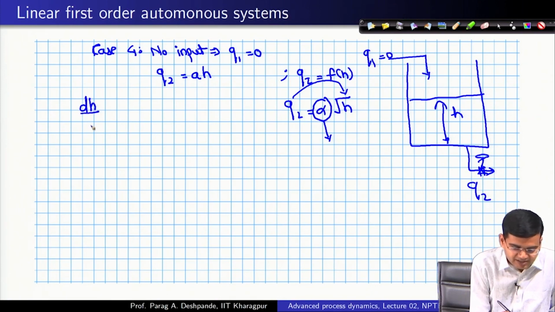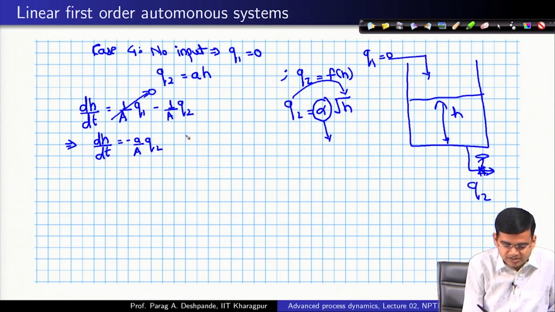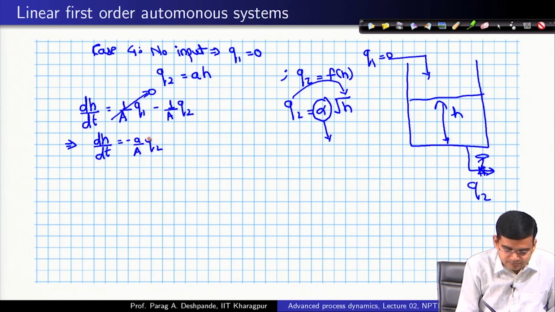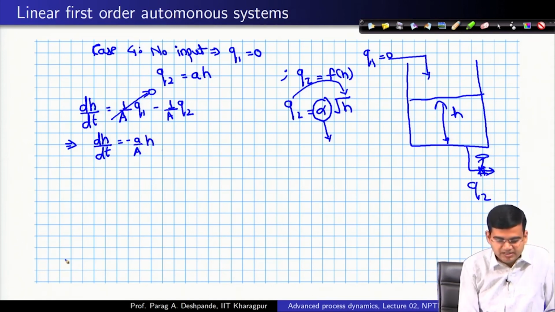You have dH by dt equal to 1 over A q 1 minus 1 over A q 2, from where, with q 1 equal to 0, we get dH by dt equal to negative small a upon capital A times h.